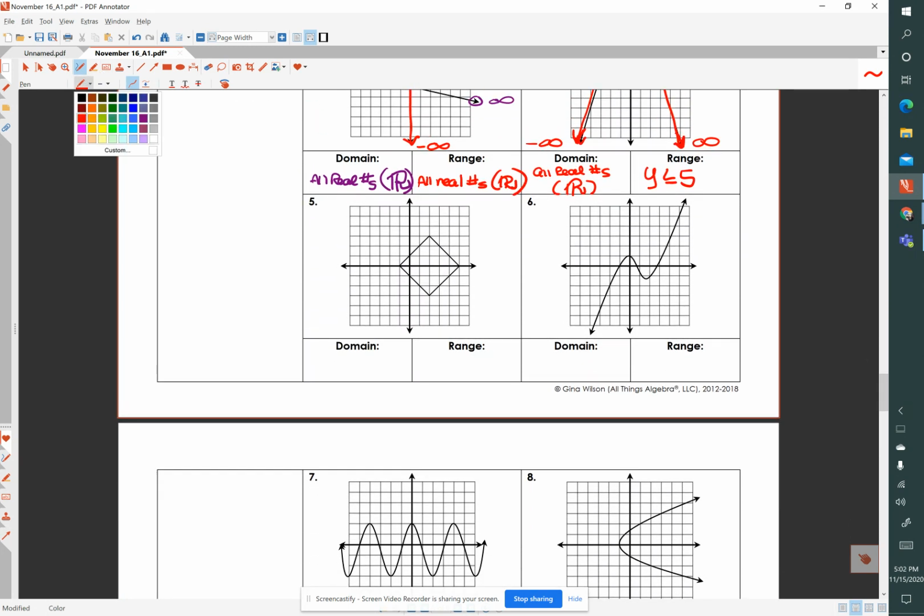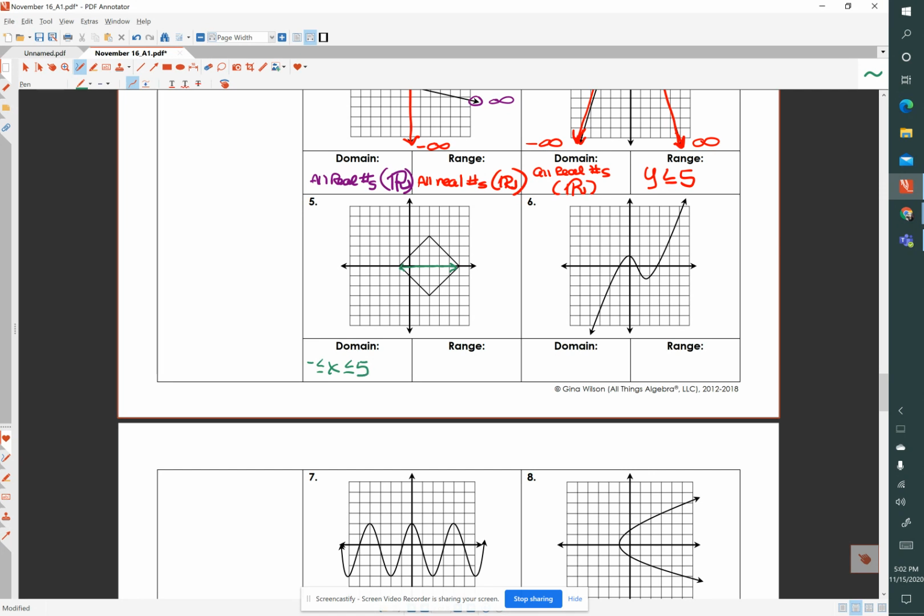And let's take a look at another one. We have this beautiful square, which goes from -1 to positive, looks like 1, 2, 3, 4, 5. So that would be -1 is less than or equal to x, which is less than or equal to 5, because those endpoints are both included.